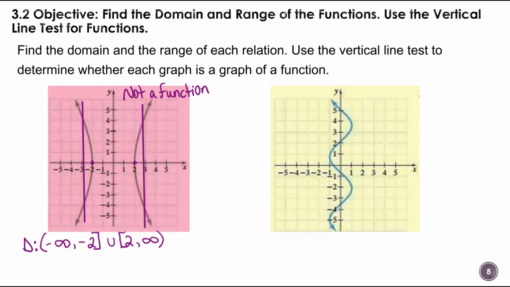What's happening over here on the left, what's happening over here on the right, because we're just talking about the x-coordinates and that's it. And then for the range, this thing just continues on and on in the positive and negative direction. So on this, it's negative infinity to positive infinity.